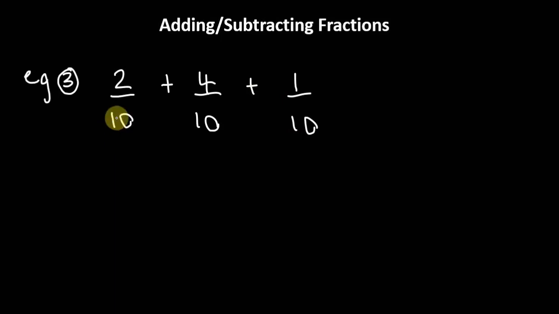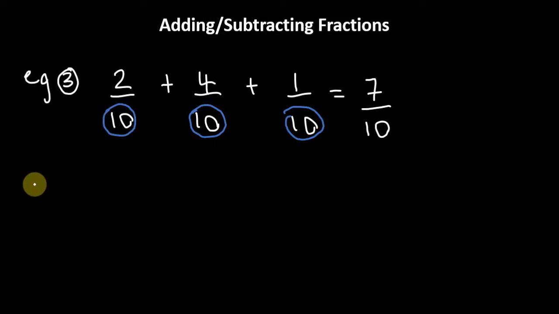Again, the concept remains the same. All the denominators here are common. All three denominators are 10. So we can go ahead and add the numerators. 2 plus 4, that's 6, plus 1, that's 7. And we can keep the common denominator here, which is 10.